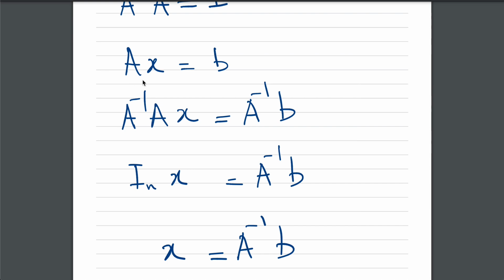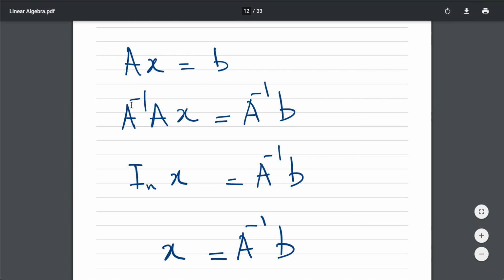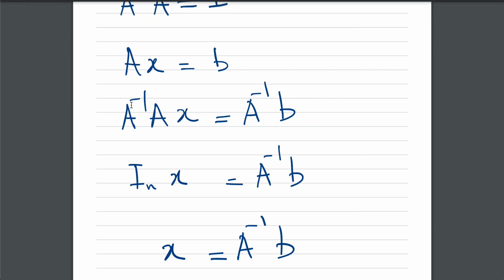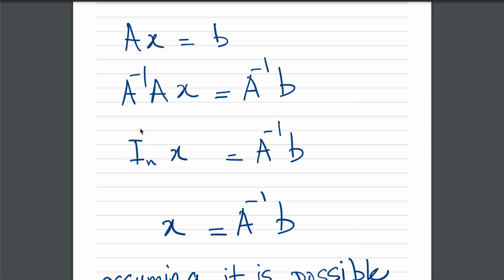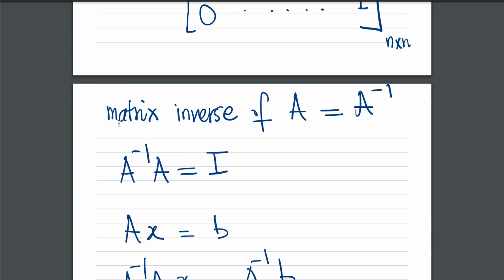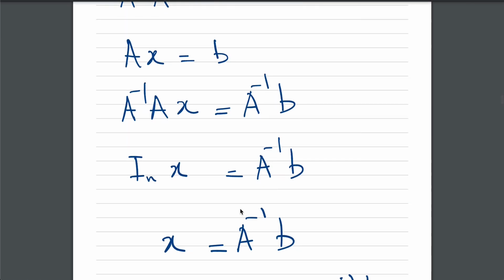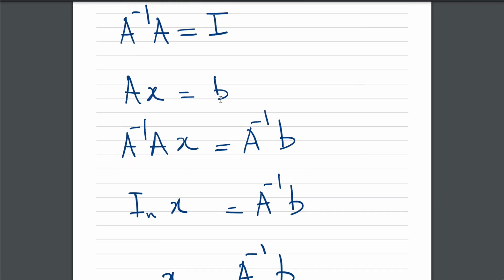But essentially, it's the number of features that determine the size of A. But what I just said is all very vague, because I haven't really made it explicit, and we will do that later. For now, all you need to know is what a matrix inverse is, and if it exists, why can we use it to solve this linear equation? That's all.